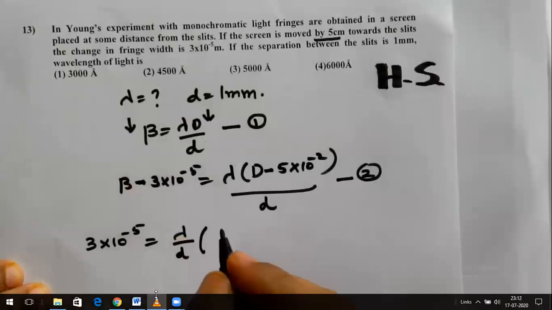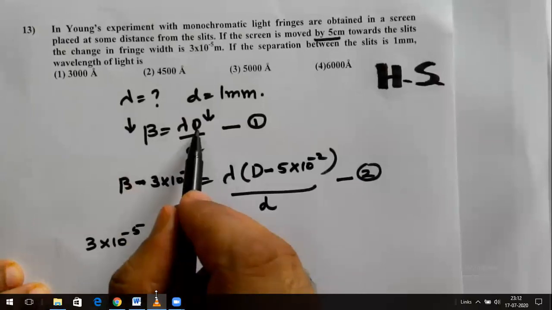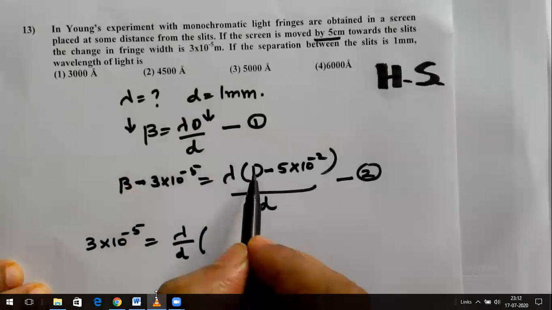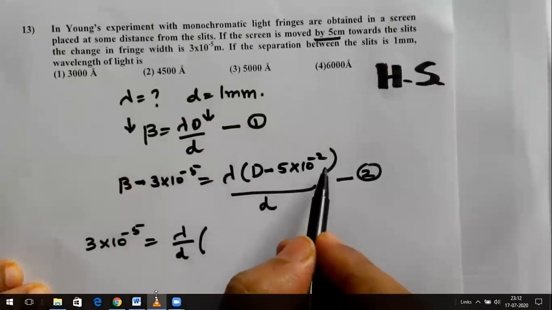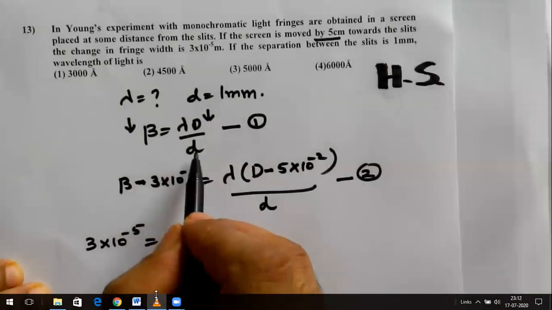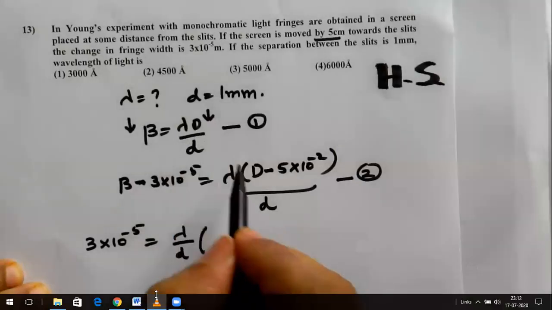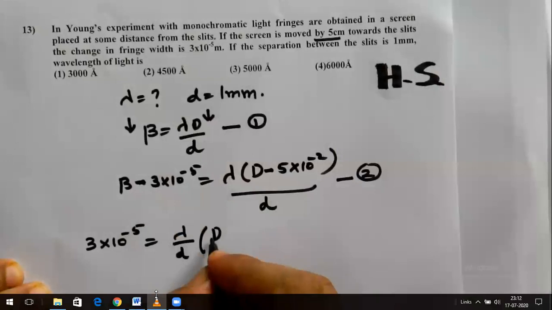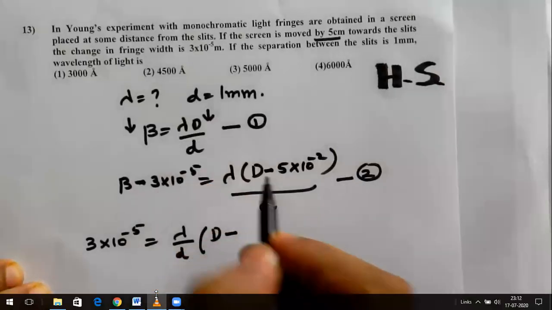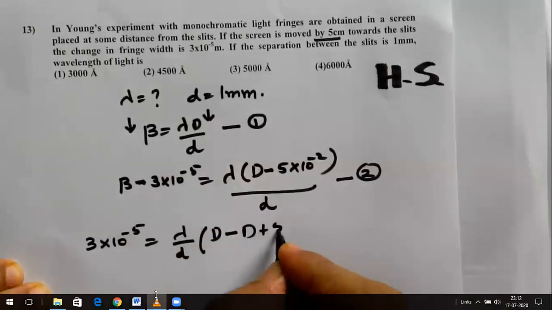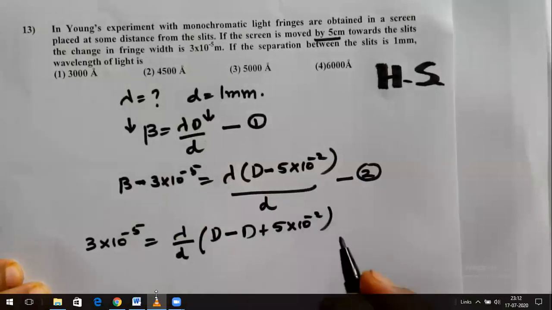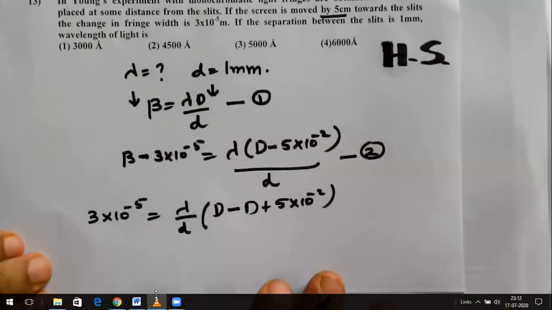Lambda by d into this D minus this D plus 5 into 10 to the power minus 2. Hope you can follow this. Lambda by d is a constant, so take it outside. So the answer will be going like this.